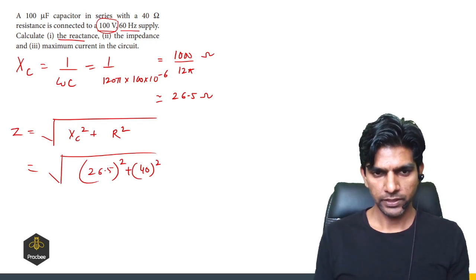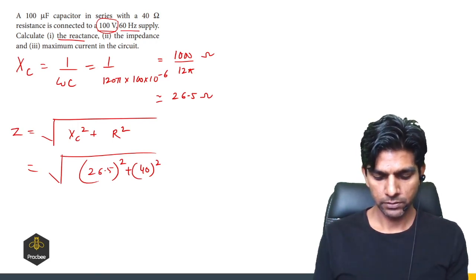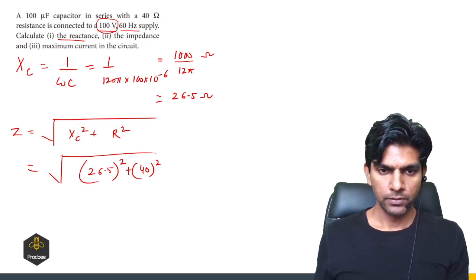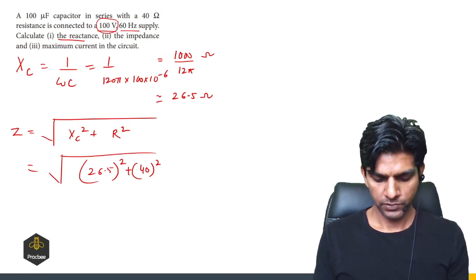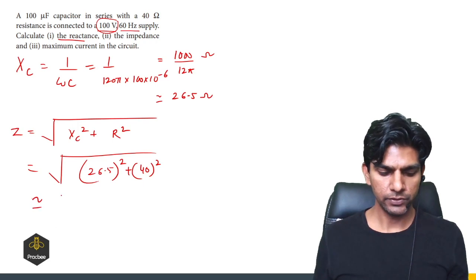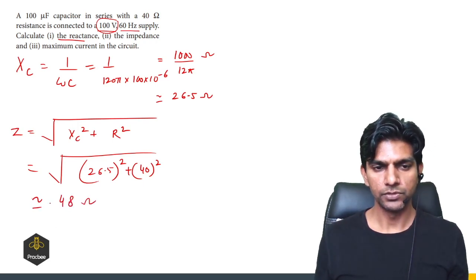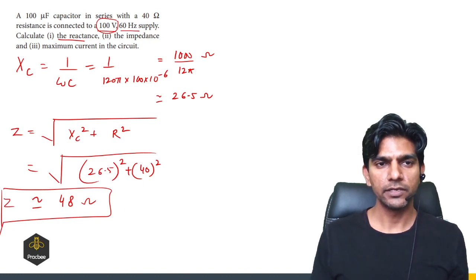So if I simplify this, it is the square root of 26.5 square plus 40 square. Yes, so it is nearly equal to 48 ohms, right? So that is the impedance, 48 ohms. So that is the answer of the second part.